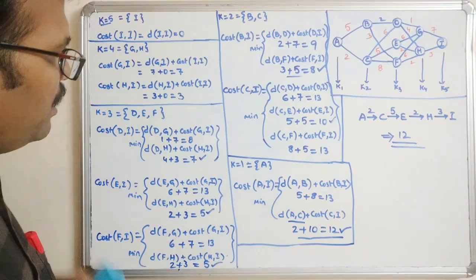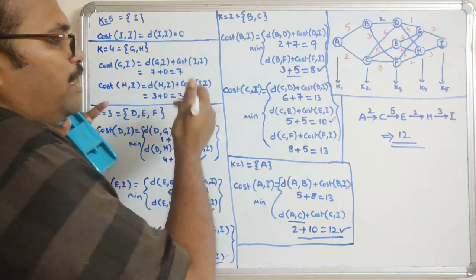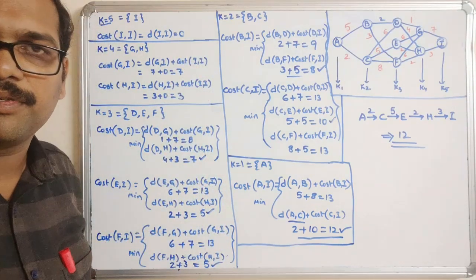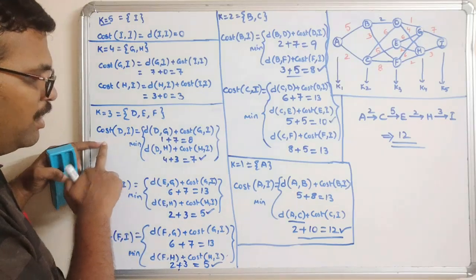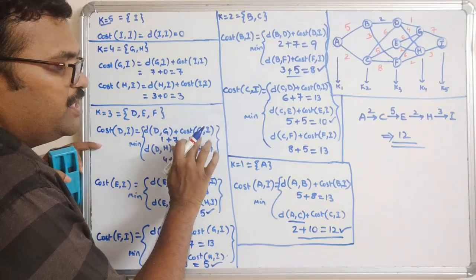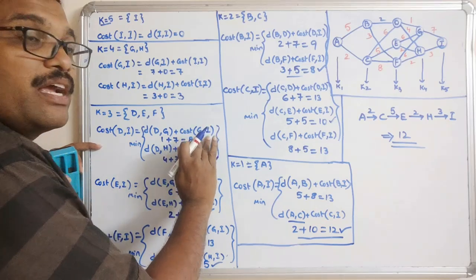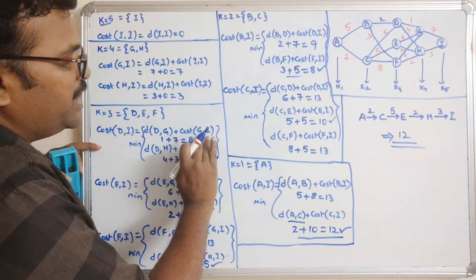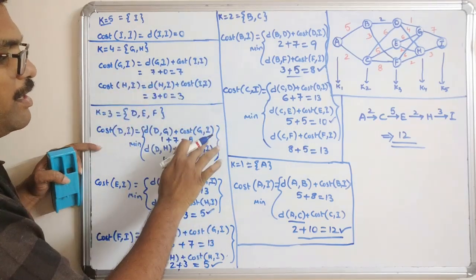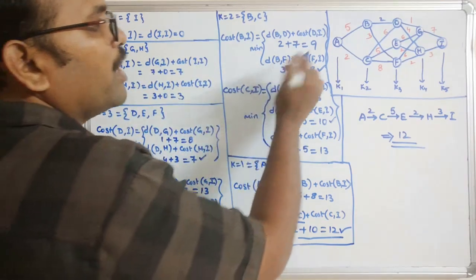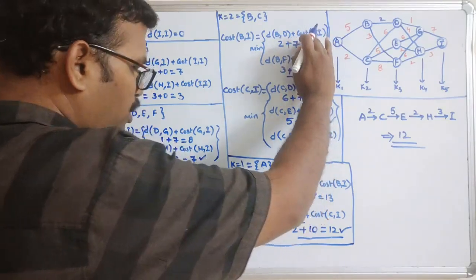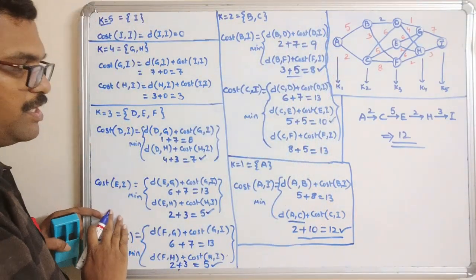Here we compute and make use of the same results in our next problems. Coming to stage 3, we are not computing the cost between G and I again, since we consider the value of G and I from the previous result. Similarly, we are not computing the cost of D and I because we have already computed it in the previous result.